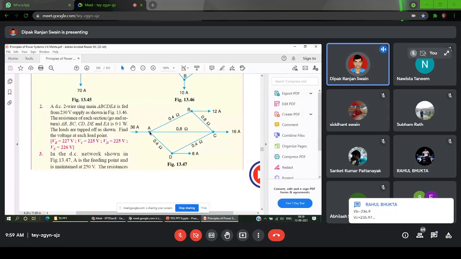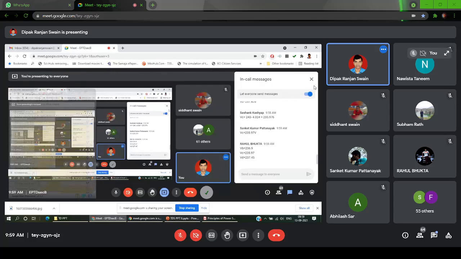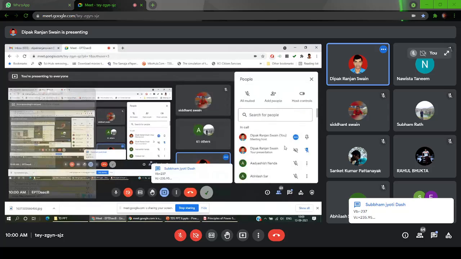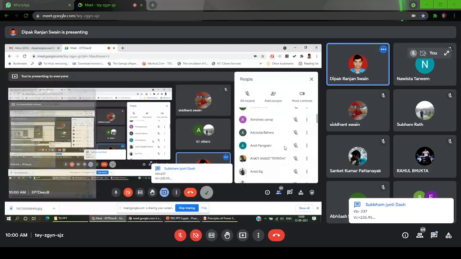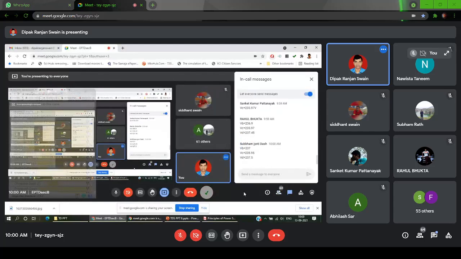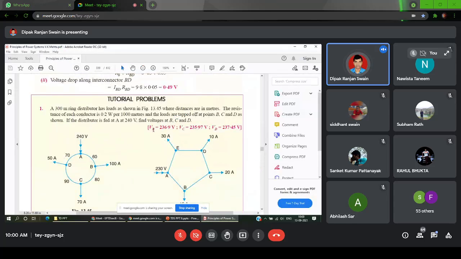So here there is a feeder point of point A and there are tappings at B, C and D. Answers are given here. VB 236.9, VC 235.97, VD 237.45.